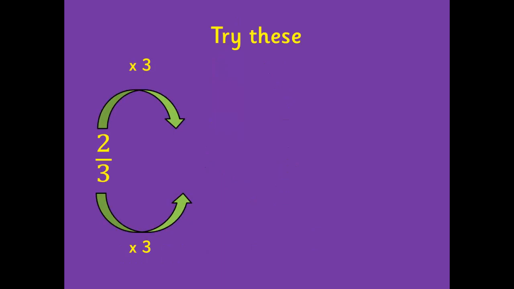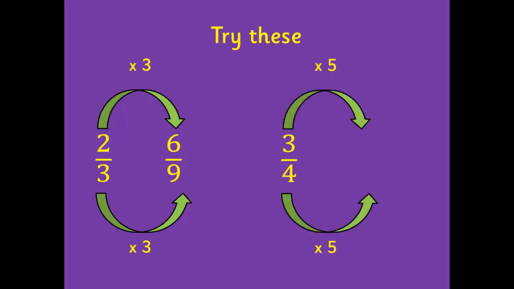If we have 2/3 and we multiply the numerator and the denominator by 3, our new equivalent fraction is 6/9. If we have 3/4 and we multiply both the numerator and the denominator by 5, our new equivalent fraction is 15/20.